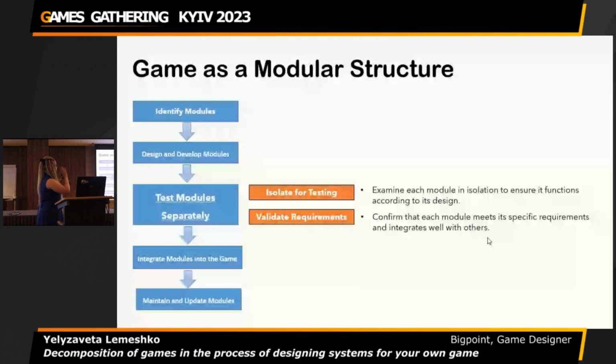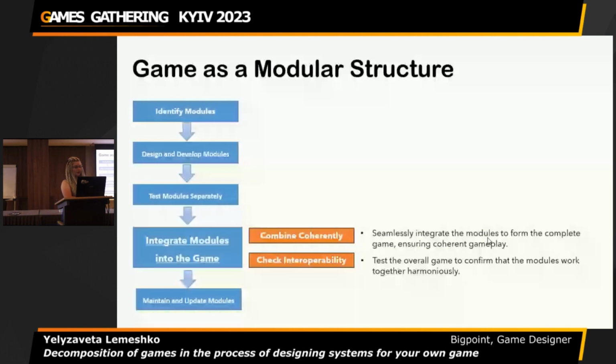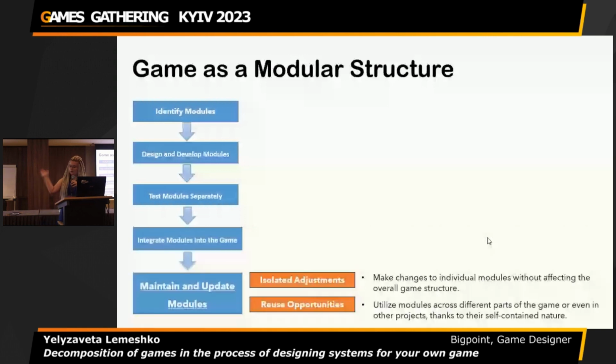So you test modules separately, you isolate them and you validate. After that, you integrate modules, module by module, into the game. So you make sure again that you create coherent gameplay, and you check that everything is working in harmony. And after that, as always, we need to adjust something, or isolate and retest again, and we need to reuse the opportunities.